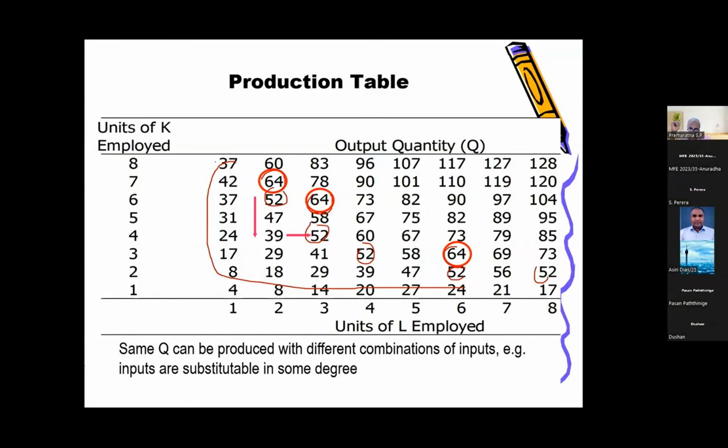are technically efficient. Like I mentioned, there are two types of efficiency, technical and allocative efficiency. These values are technically efficient levels of production. 64, for example, using the combination of 7 capital and 2 labor, or 6 capital and 3 labor, or 3 capital and 6 labor, whatever the combination used, the producers are technically efficient.